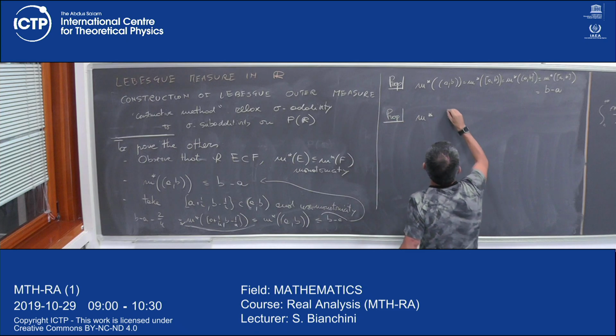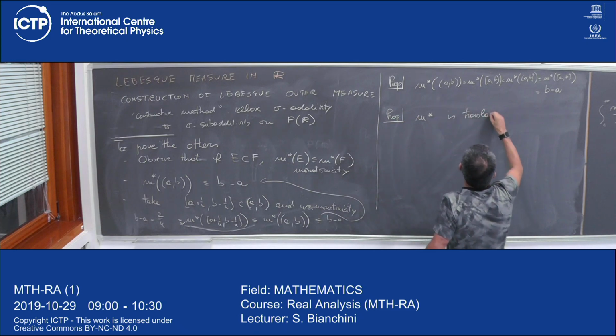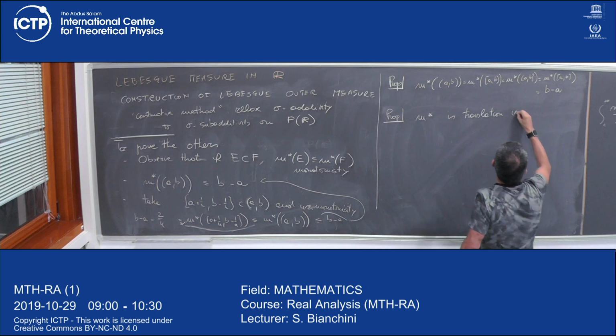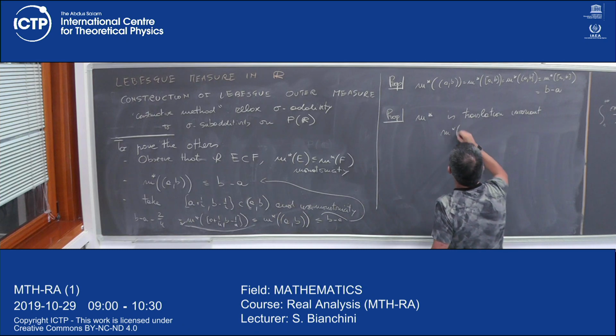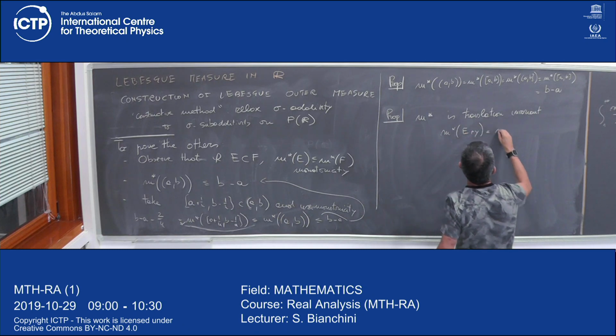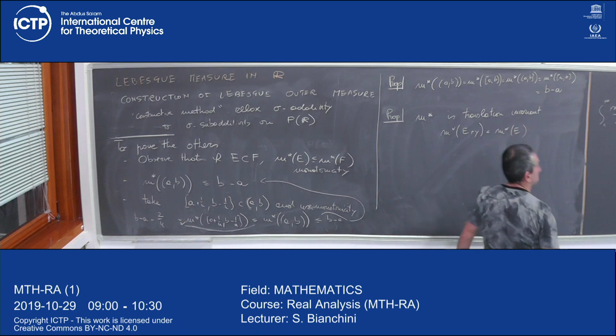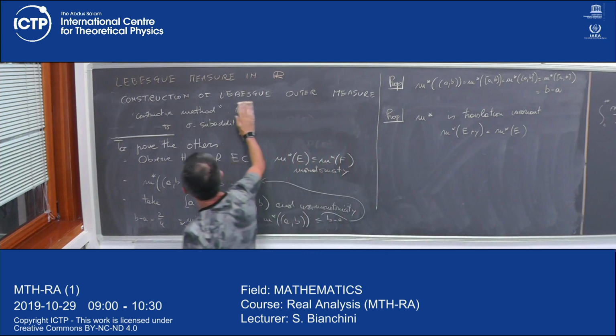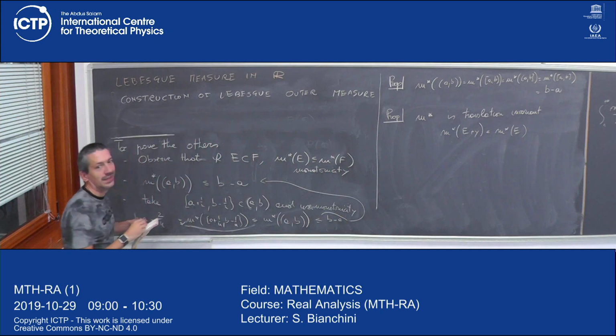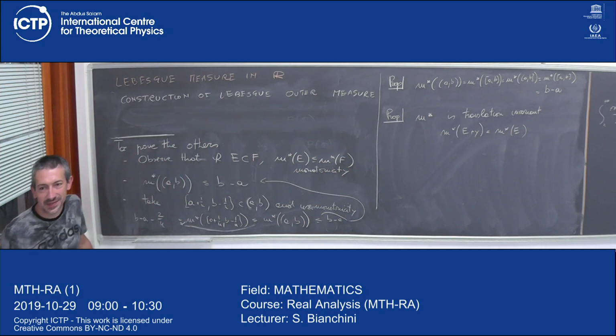And m star is translation invariant. So m star of E plus y is equal to m star of E. Proof? Everything here is just from the definition, no? The definition is: if we take a covering of E, then if we translate the intervals of the covering by y, it's still a covering of the translated set. Exactly the same stuff.